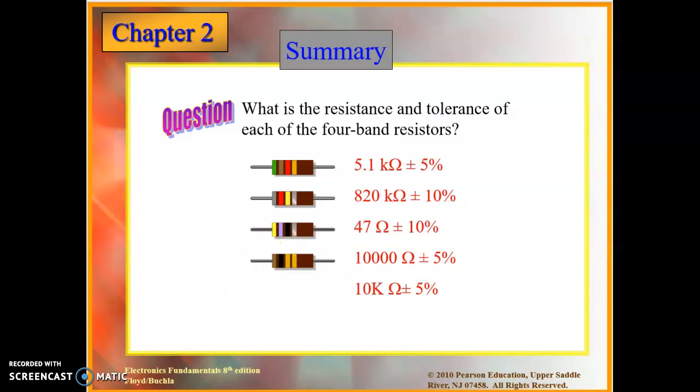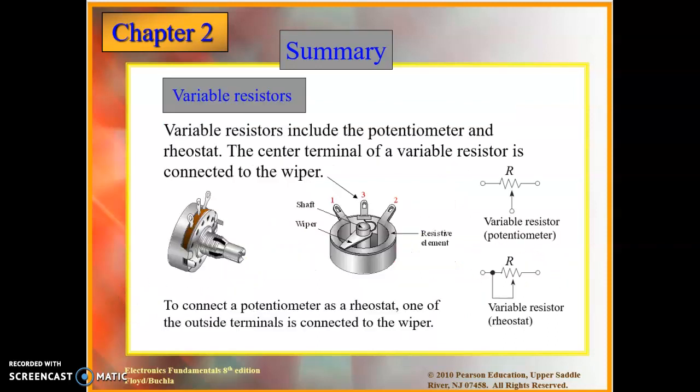Okay. Let's continue. Now we have variable resistors. What are variable resistors? Variable resistors are resistors that go from 0 to a value. They're widely known as potentiometers, and the terms are used interchangeably. Usually variable resistors have 3 pins, and this is the internal connection.